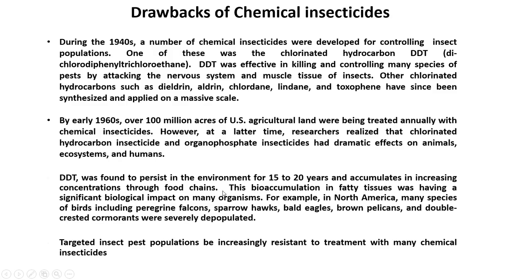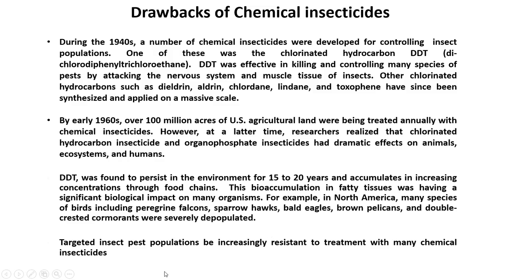This bioaccumulation in fatty tissue was having a significant biological impact on many organisms. For example, in North America, many species of birds, including peregrine falcons, sparrowhawks, bald eagles, brown pelicans, and double-crested cormorants, were severely depopulated. Their population was decreasing because of the accumulation of DDT in the food chain.